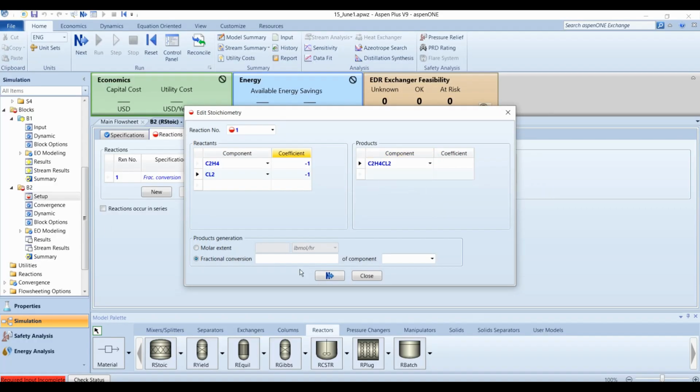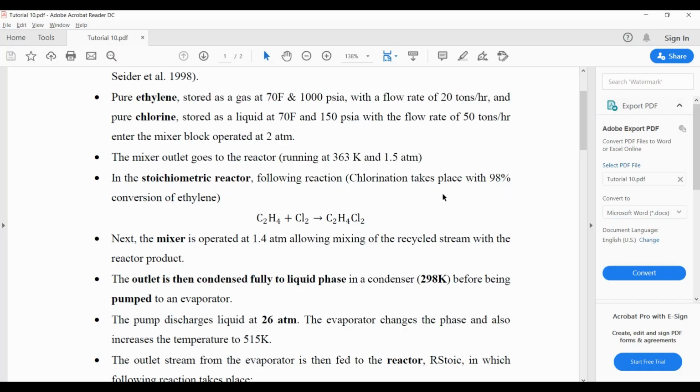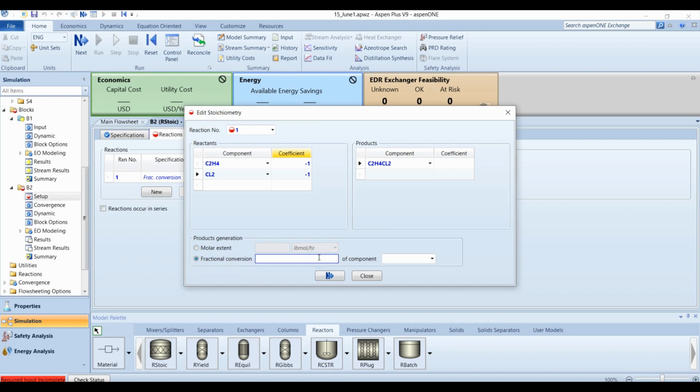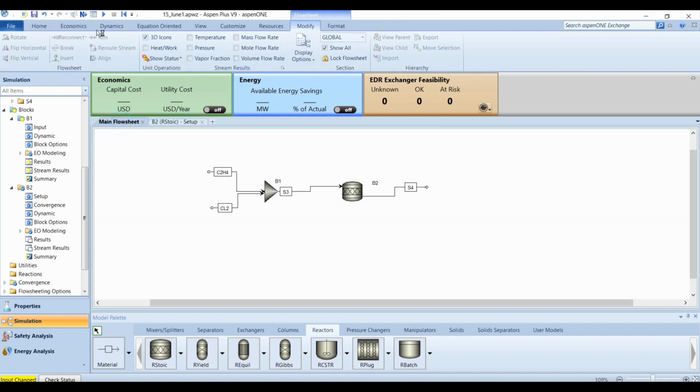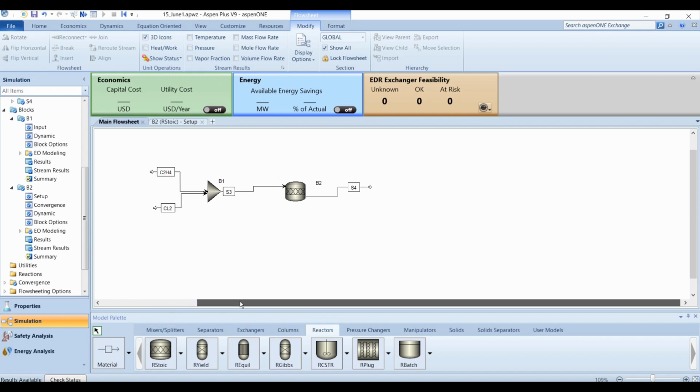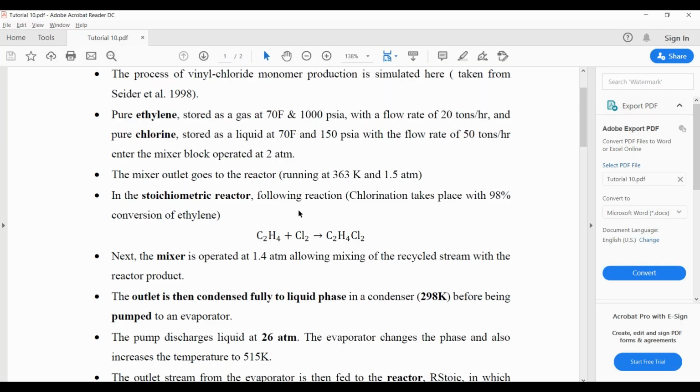The fractional conversion of ethylene is given, so it is 98%, so 0.98 of ethylene. We will click on next, and now the reaction is also completed. We can click on the next button to run it. You can again see on the left bottom that the reaction is completed.